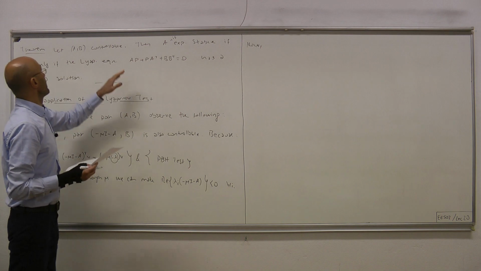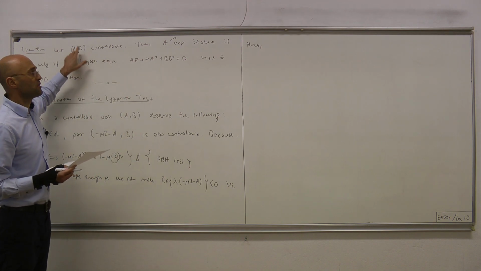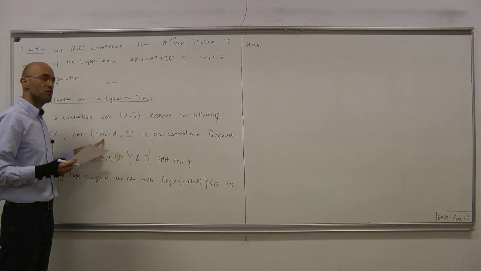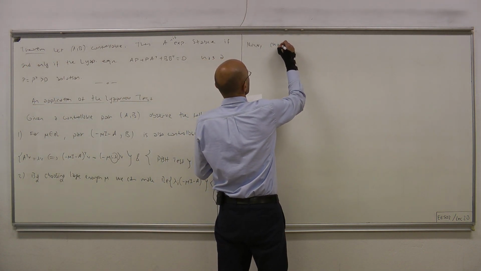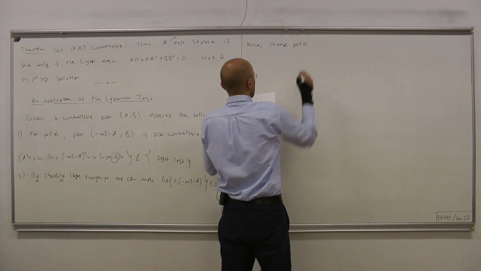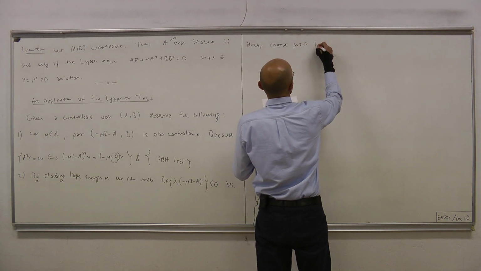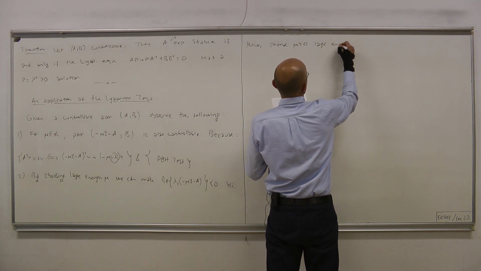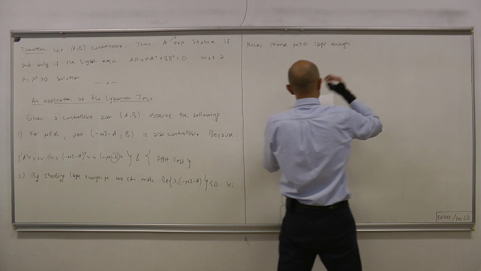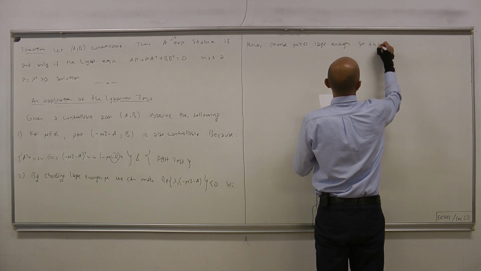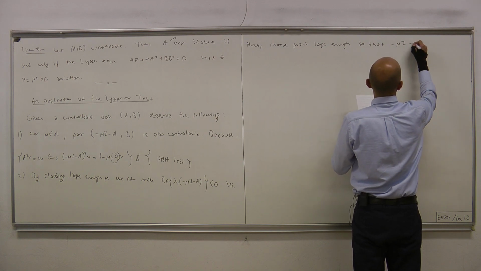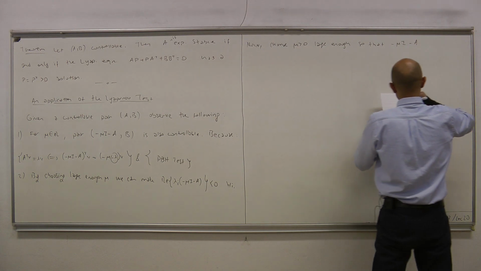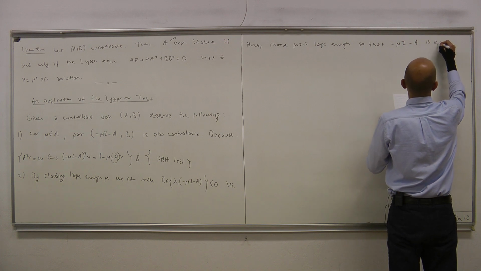Given a controllable pair AB, the first step is to choose a real number mu large enough so that minus mu I minus A is exponentially stable.